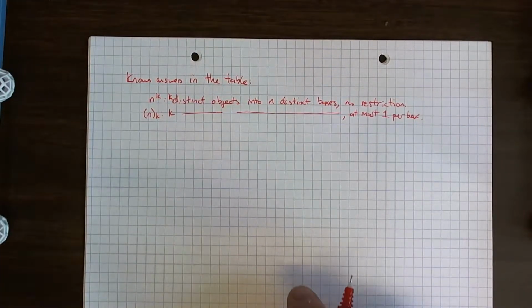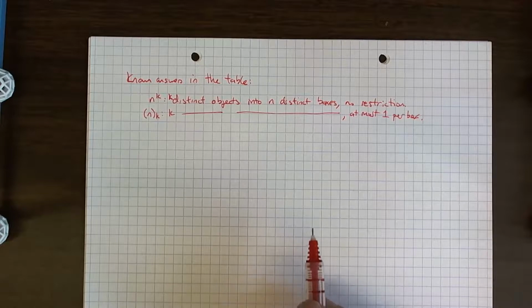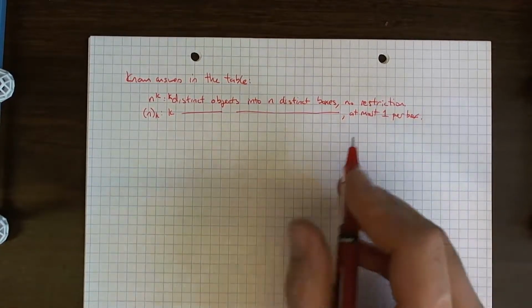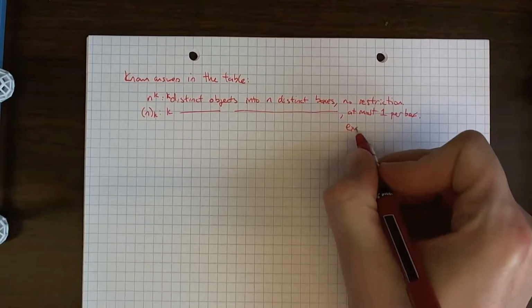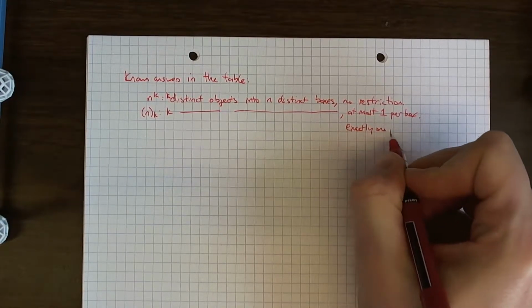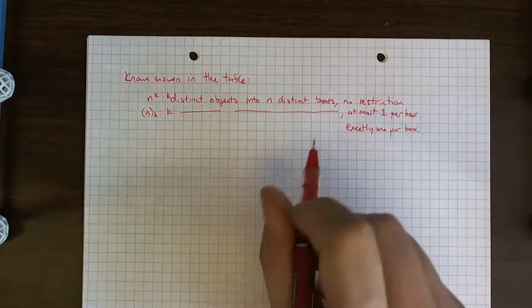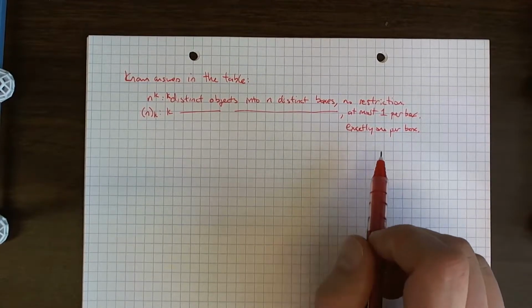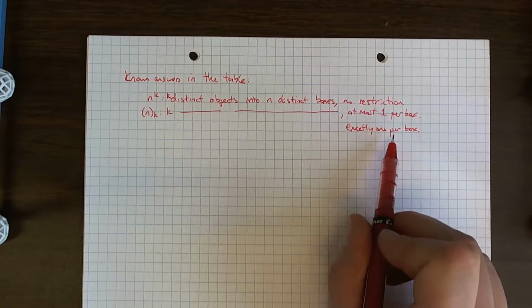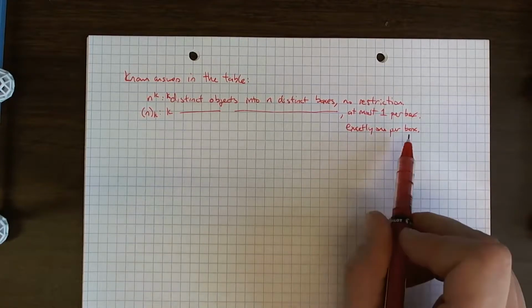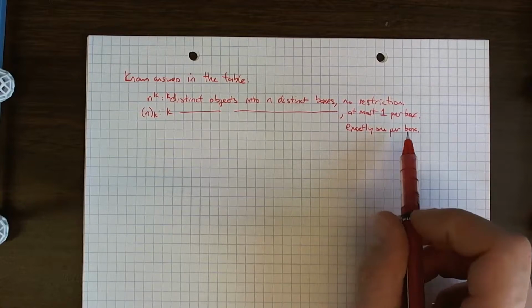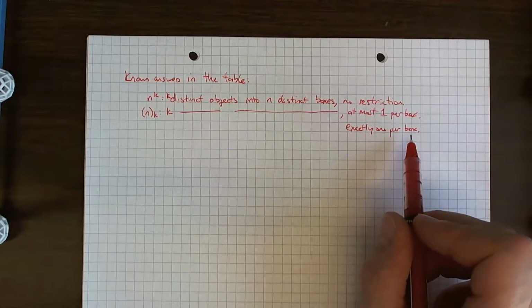All right, so the next thing we can talk about is what would happen if we have exactly 1 per box. What that's saying is that we have an n-letter password on n letters, where we have n different letters to place in there.